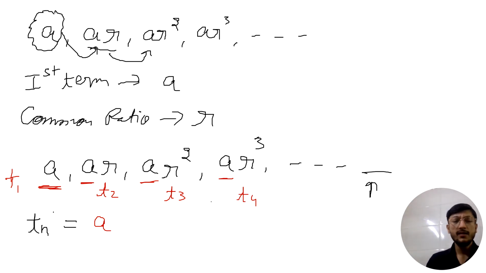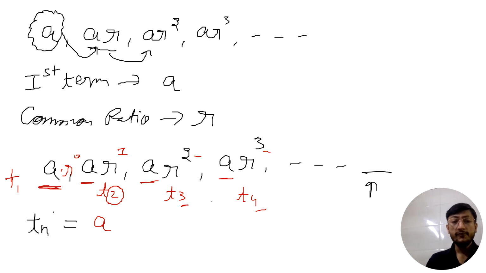T is nothing but terms. For T2, the power of R is 1, which is 1 less. Similarly, T1 has R raised to power 0, and T4 has R raised to power 3.